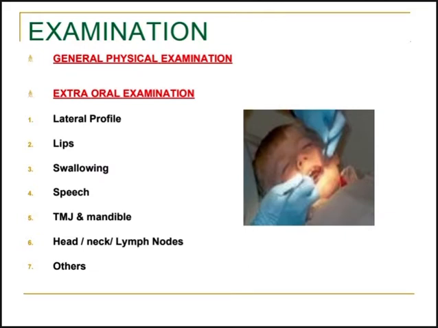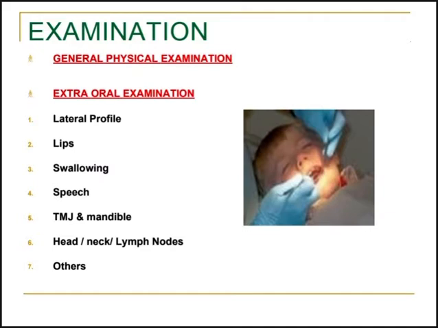But in case of infants, they have infantile or immature swallow. In that case, the tongue does not contact the rugae area of the palate. No, it protrudes outwards between the upper and the lower lip.